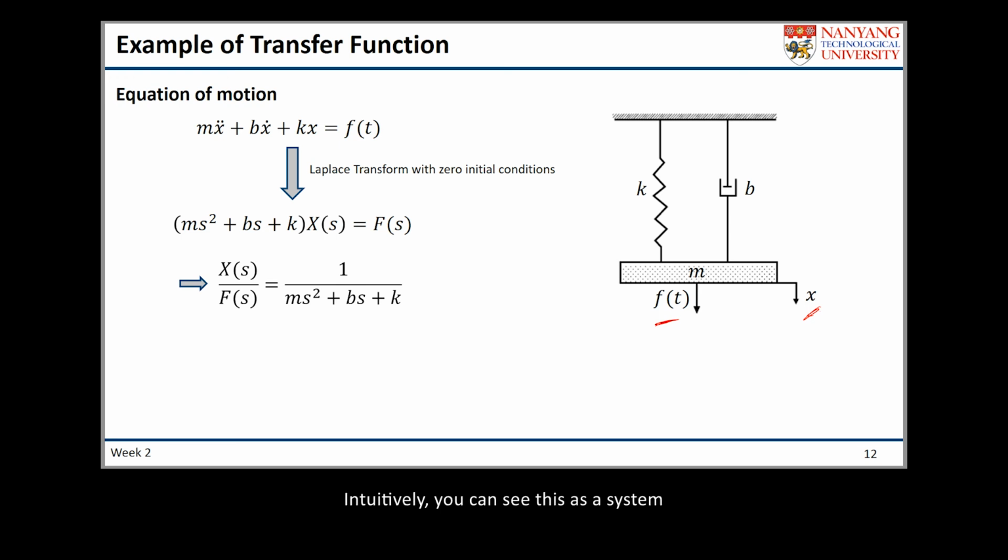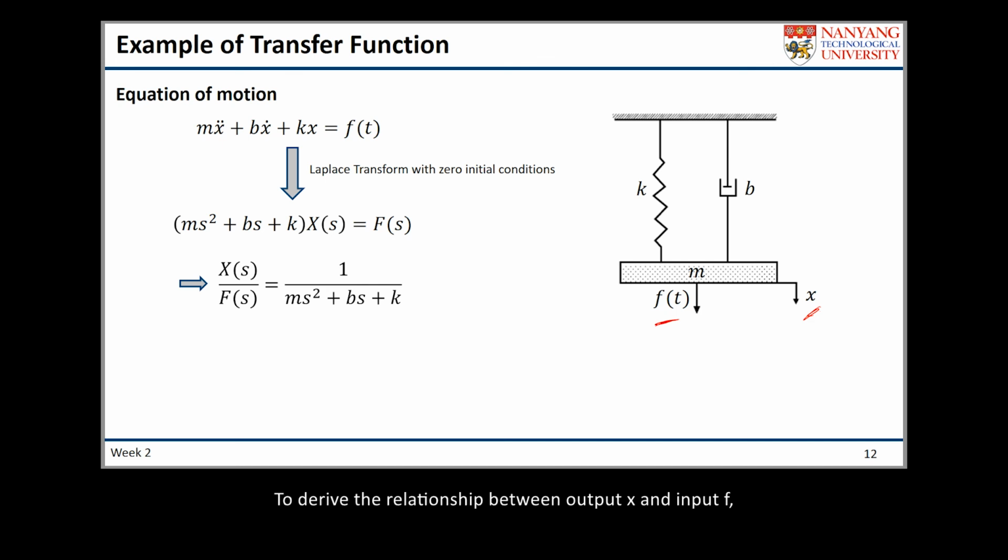Intuitively, you can see this as a system that consists of mass, spring, and damper. The input to your system is F, and then the system will respond by giving an output of x by displacing the mass. So x is the output, F is the input to the system.